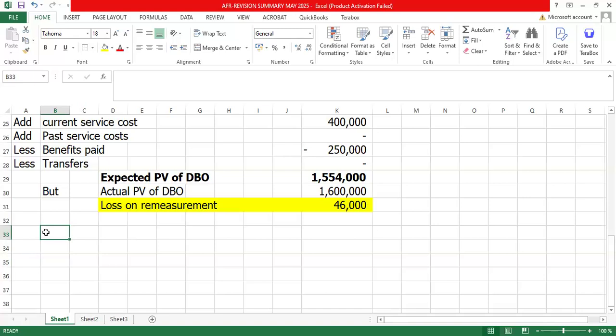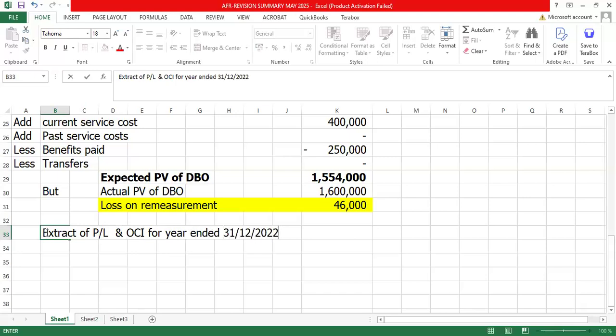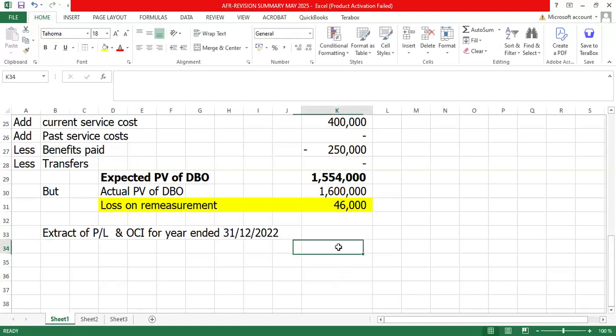So you can say extract of profit or loss and other comprehensive income for the year ended 31st December 2022. And let's keep our 1,000.